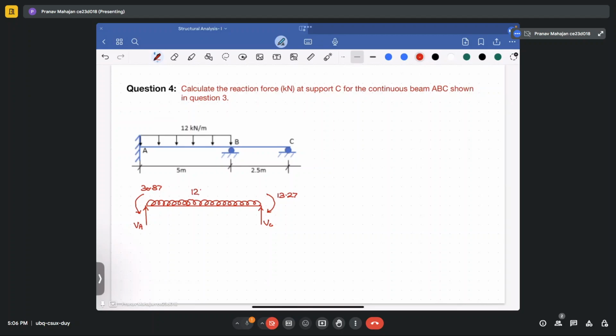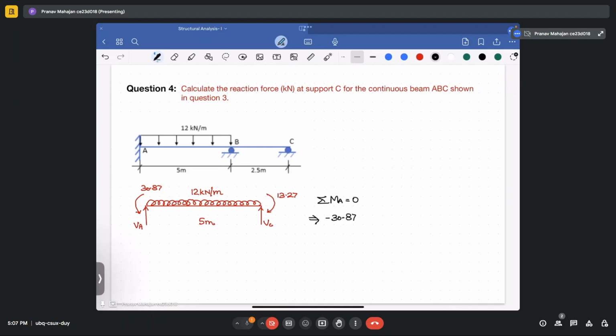Here the load is 12 kilonewton per meter for 5 meter length. So apply summation of moment about A is equal to 0. What you will get? You will get anti-clockwise moment as minus 30.87.